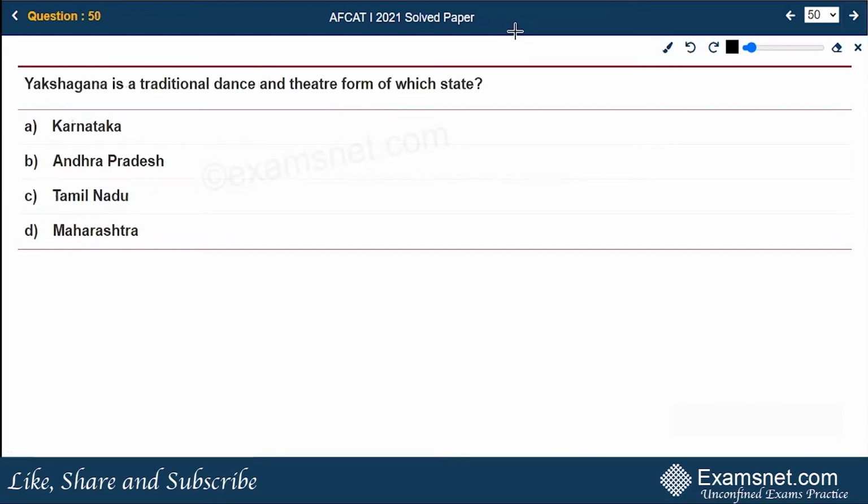Next is question number 50. Yakshagana is a traditional dance form and theatre form of which state? Karnataka, Andhra Pradesh, Tamil Nadu, or Maharashtra? It is a musical dance drama of Karnataka.